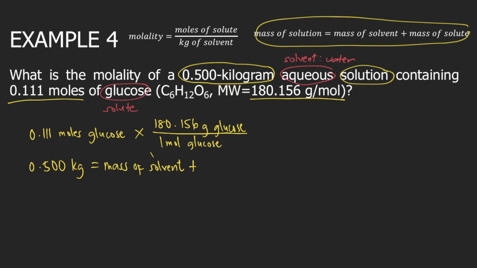So moles of glucose will cancel. Now you have grams of glucose. Then you convert grams of glucose to kilograms of glucose. And we know that 1 kilogram is equivalent to 1,000 grams.